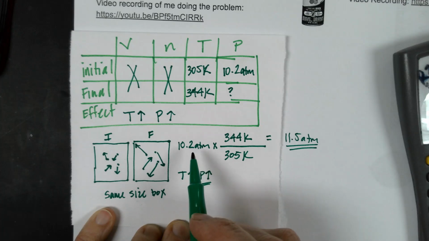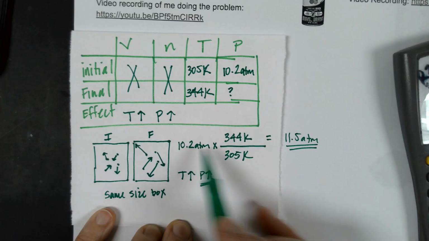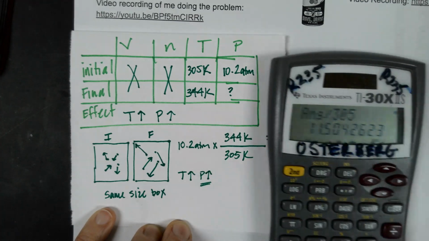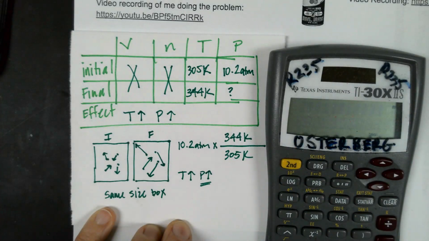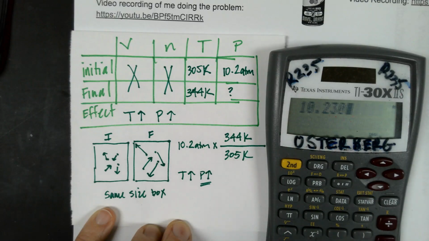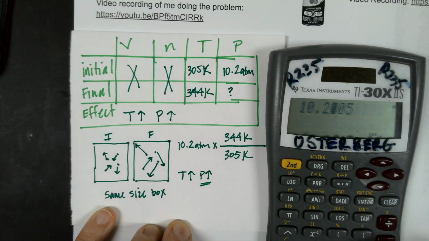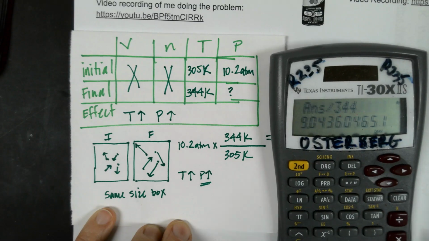So if temperature goes up, pressure also goes up. Now let me just show you, if you would have done it the other way, if you would have done 10.2 and you would have had 305 over 344, so 10.2 times 305 divided by 344, you would have seen that pressure went down.